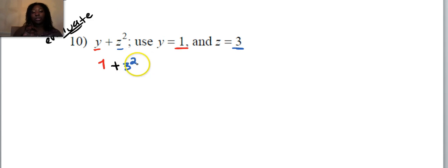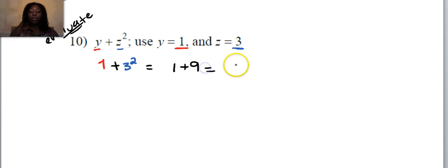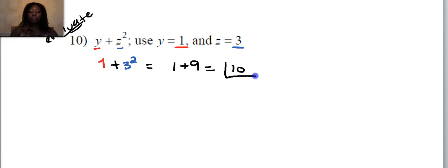Order of operations. Are you going to add before you raise to the power of 2? No, because exponent comes before addition. So what you want to do is 3 squared is 9 plus 1. 1 plus 9 is 10. Always use your order of operations.